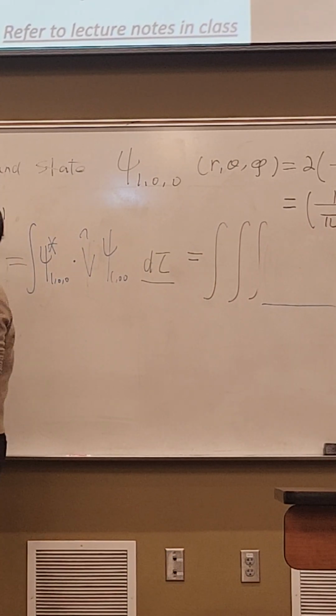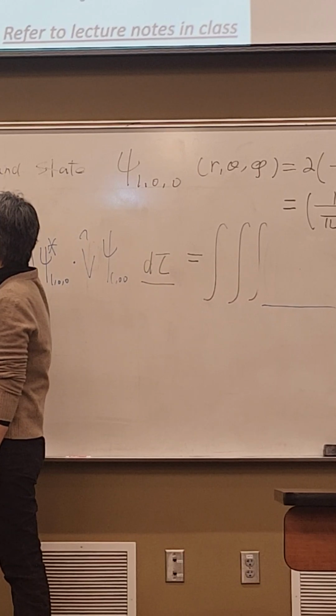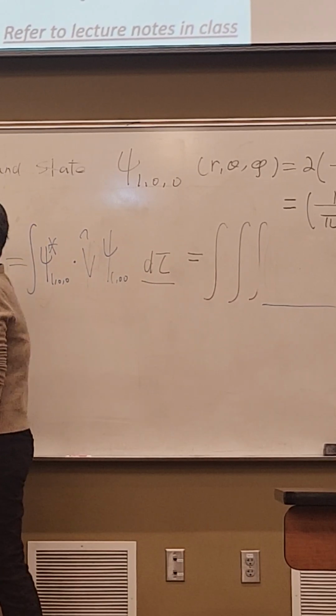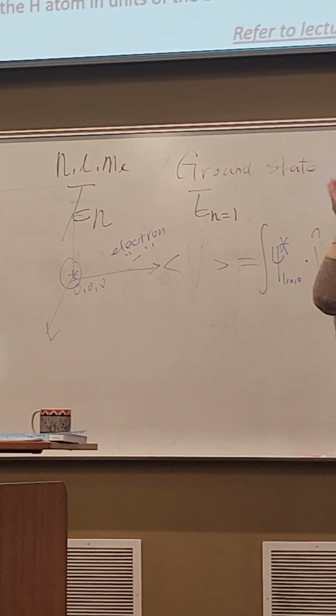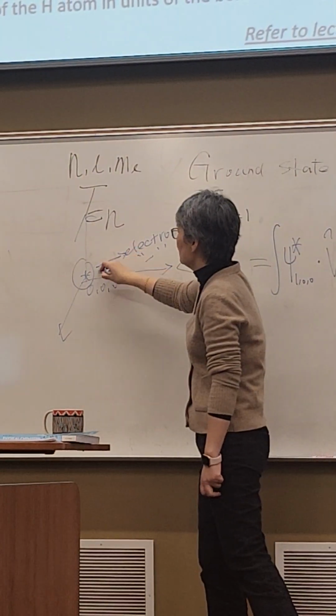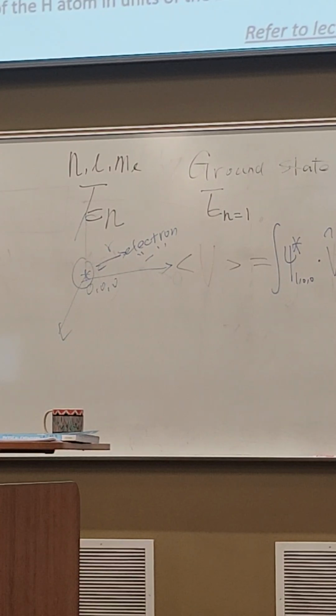Right? So we said this is our nucleus. Electron is right here. This is a negative charge. That's your positive charge. And we say the nucleus is at the origin, and the electron orbits around that nucleus. And the distance between those two is the radius. So there are 2 charged particles. So the electron is in this Coulomb potential.